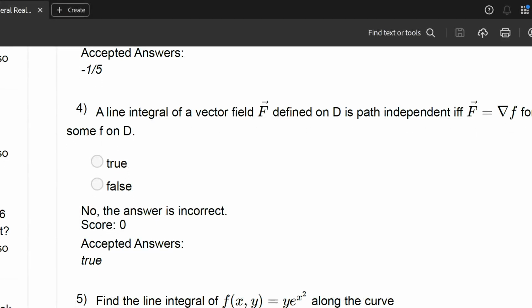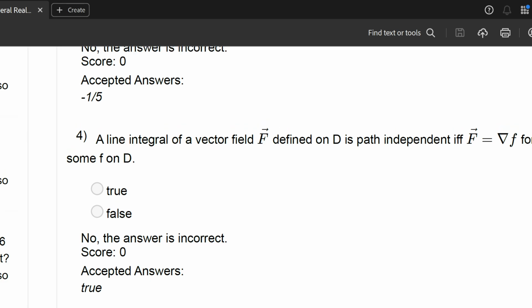Next question is a true false type. So the answer is already given as true, but let me see what this is. This is giving that a line integral of a vector field F defined on D is path independent if and only if F equal to grad of f. So can you tell me it is true, but why? What is this vector field called?